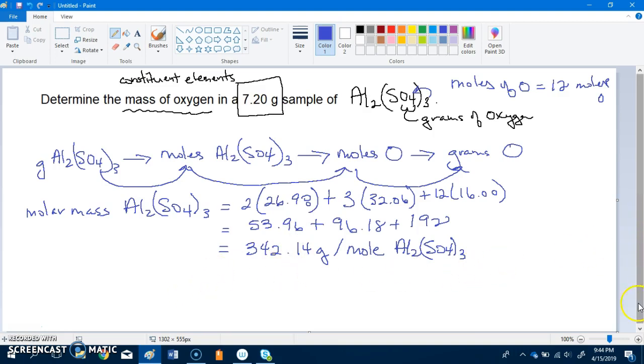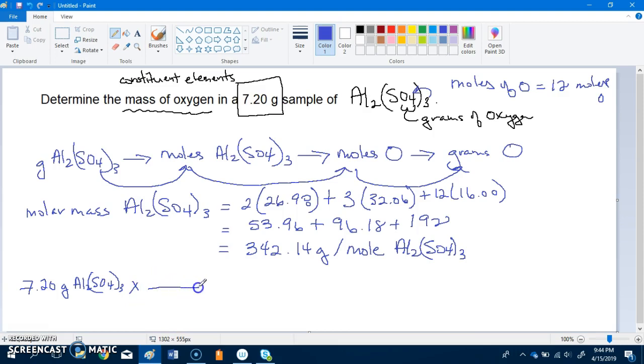Now that I have that, I can now go and do my conversion. I always start with what I'm given, which is my grams of aluminum sulfate, which was 7.20 of aluminum sulfate. Then I have to convert to moles of aluminum sulfate.